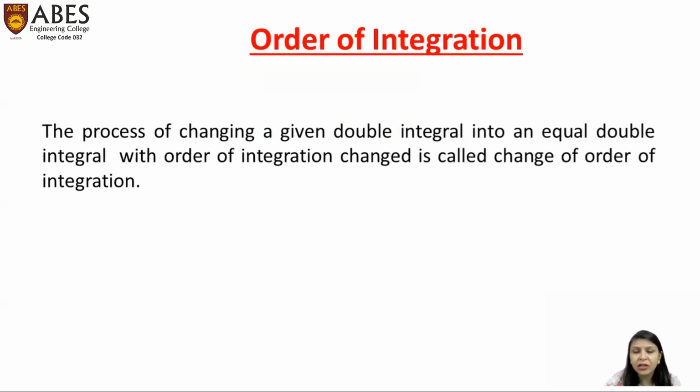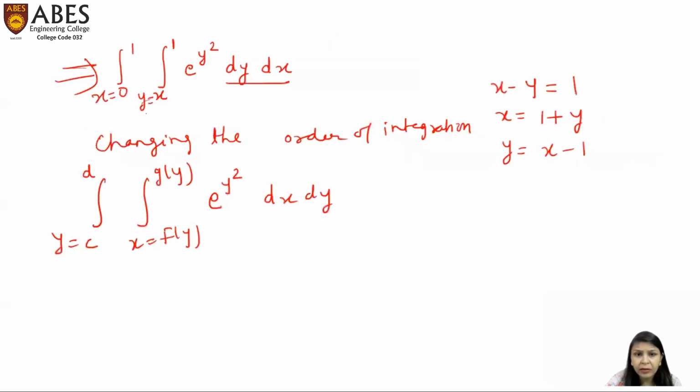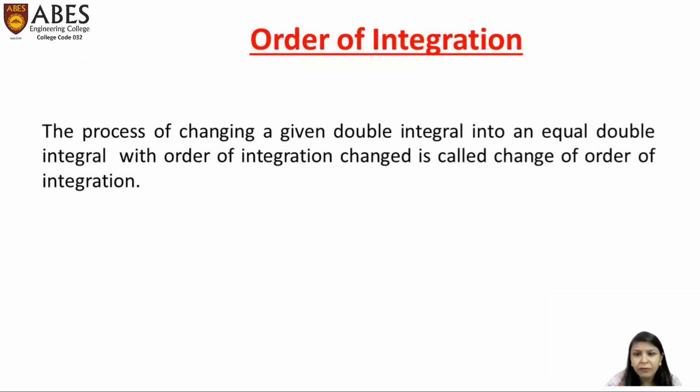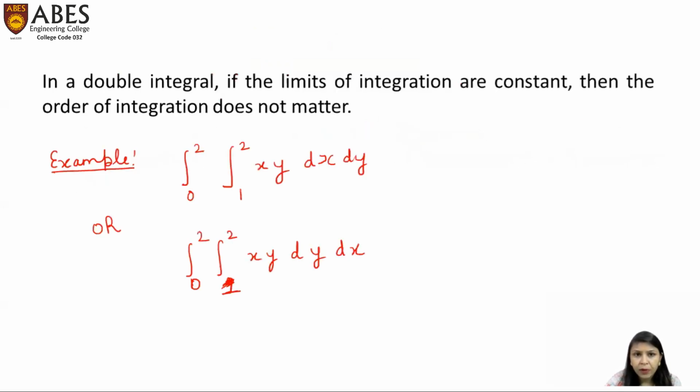The process of changing a given double integral into an equal double integral with the order of integration changed is called change of order of integration. So variable limit will become a constant limit after changing its order, and the constant limit will become the variable limit. Now if both limits of integration are constant, the order of integration in that case does not matter.